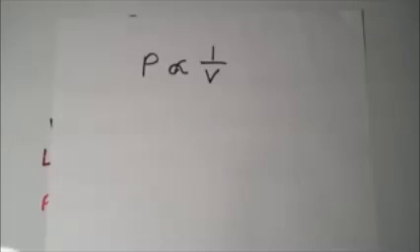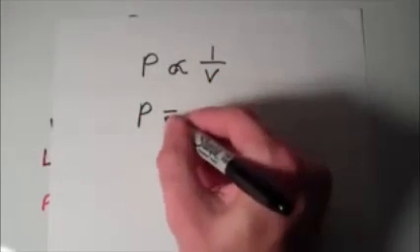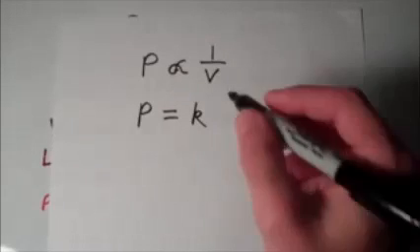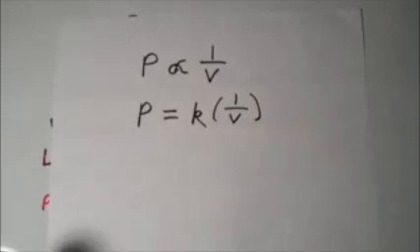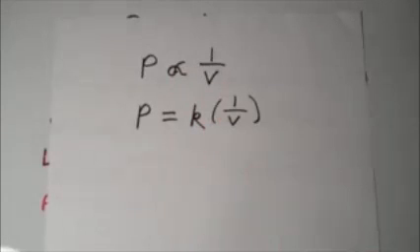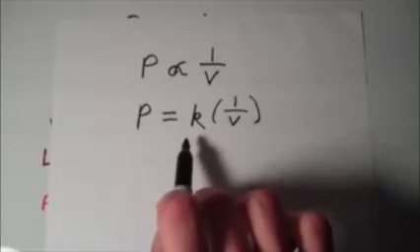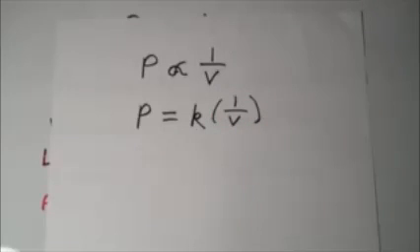So the way that we get rid of this and turn this into an equal sign is to just say that the pressure, P, is equal to some constant of proportionality that we'll call K times 1 over V. So we no longer have a proportional symbol, we now have an equal sign, and we now have this constant of proportionality. So these two equations are basically saying the same thing.